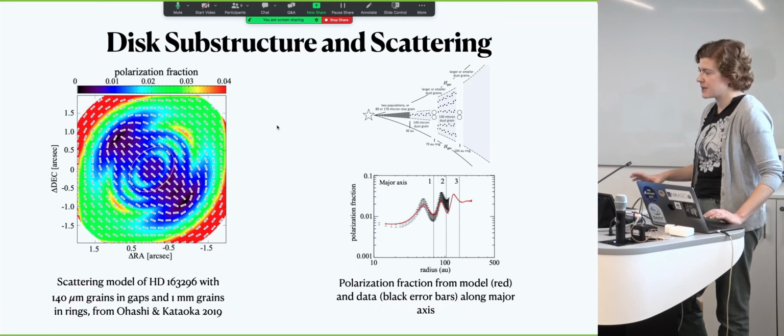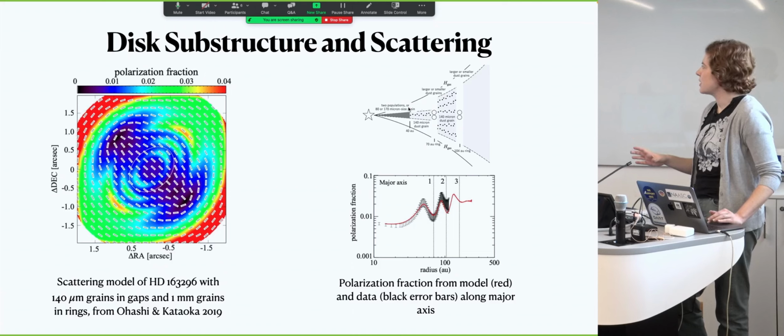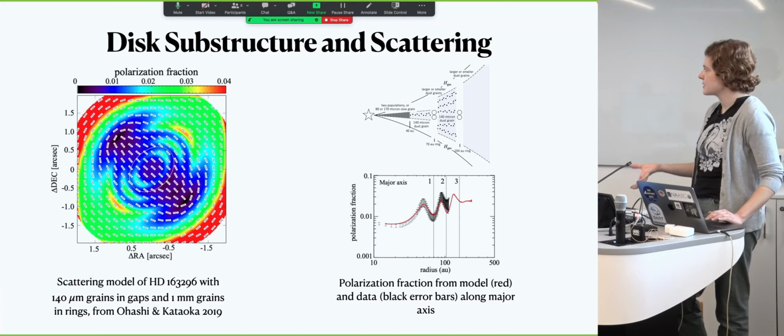Another way that disk substructure could affect scattering would be if you've got different dust grain sizes in the rings versus in the gaps. So in this model, you've got small 140 micron dust grains in the gaps and larger dust grains in the rings. And again, this is a model of that same source, HD 163296.